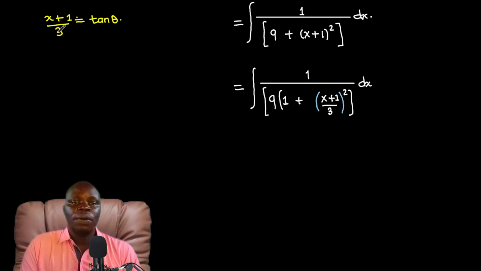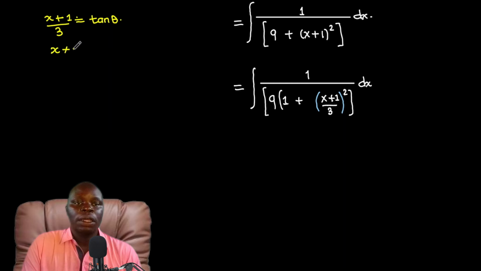Now let's take out this denominator by multiplying through by 3. So we have here x plus 1 equals 3 tan theta. After that, we have to differentiate the left hand side with respect to x, then the right hand side with respect to theta.